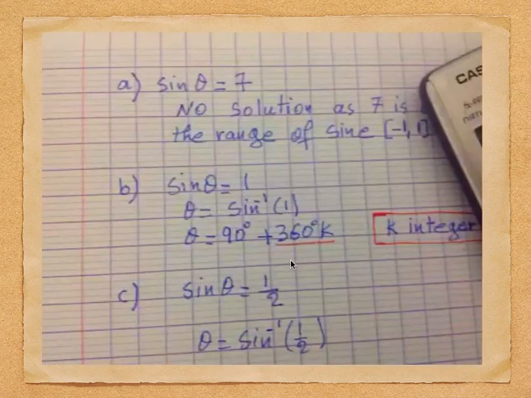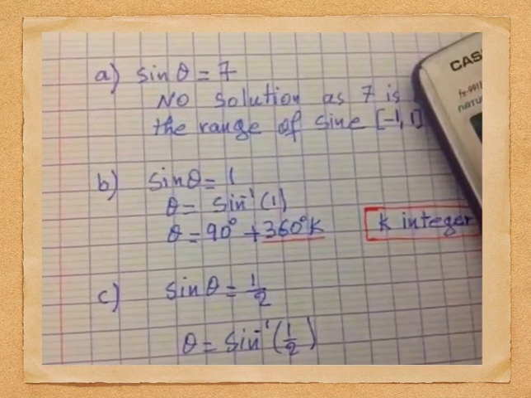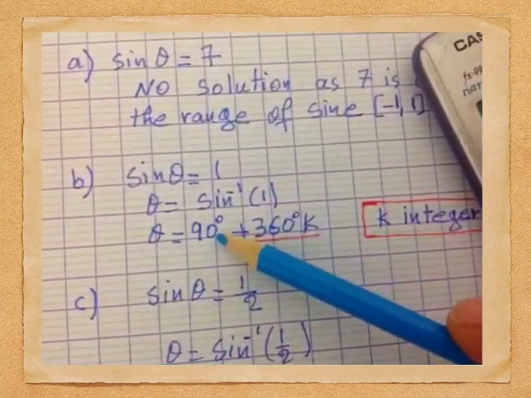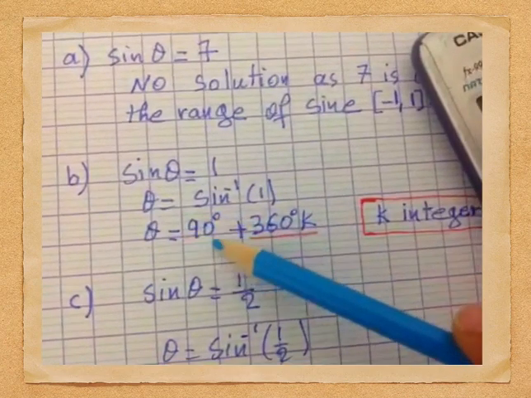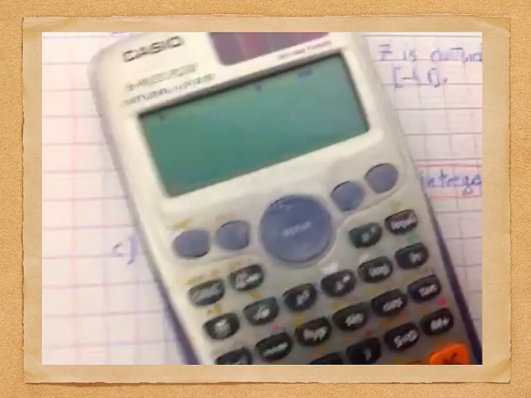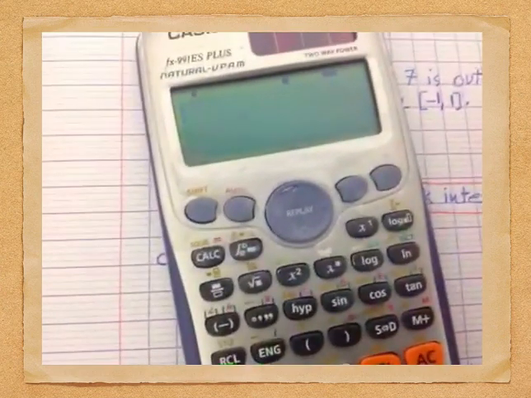Now I show you how to use a calculator to find your sine inverse. When you calculate sine inverse of 1, you get 90 degrees. I show you how to use a calculator to get this angle, 90 degrees. This is my calculator. So, very simple.